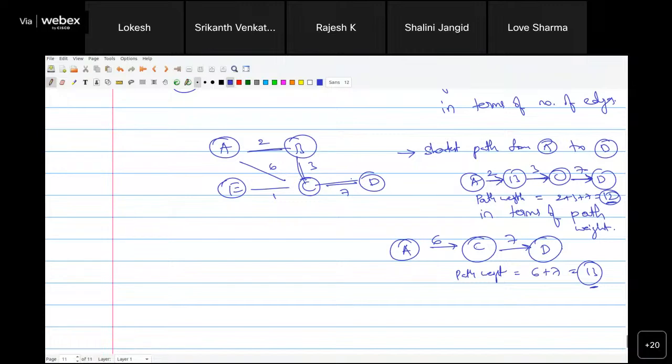Sometimes the shortest path in terms of number of edges can also be the shortest path in terms of path weight, but there might be chances that it may not happen. It is not always that the shortest path in terms of number of edges will be the shortest path in terms of path weight. So you have to remember that also.